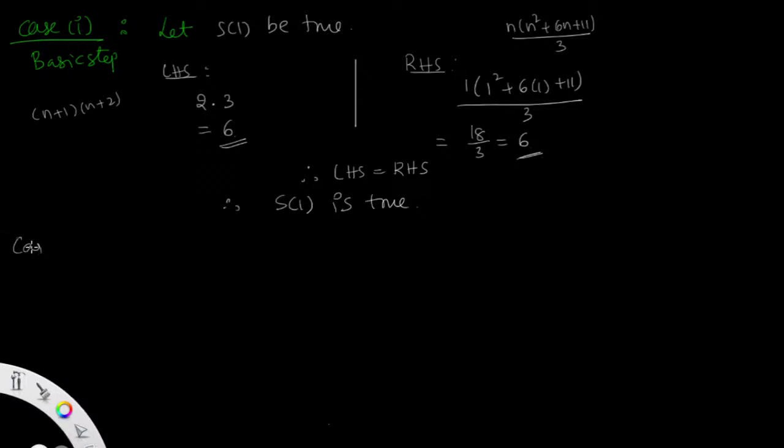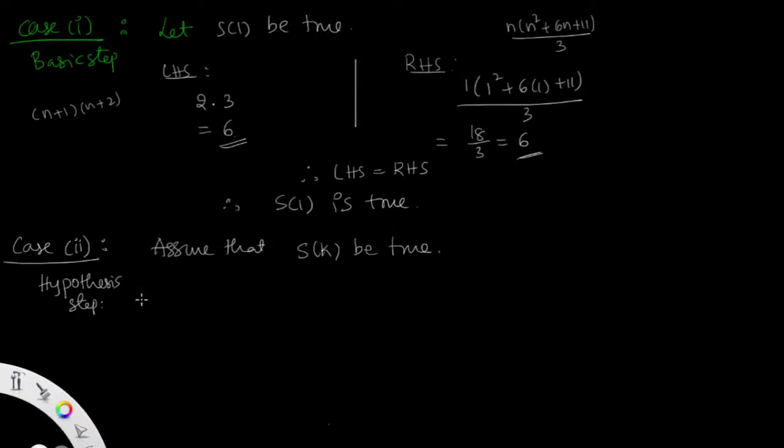Case 2 is the hypothesis step. Hypothesis means let it be any number of the series. Assume that S(k) be true. Write it up to k terms in the statement.